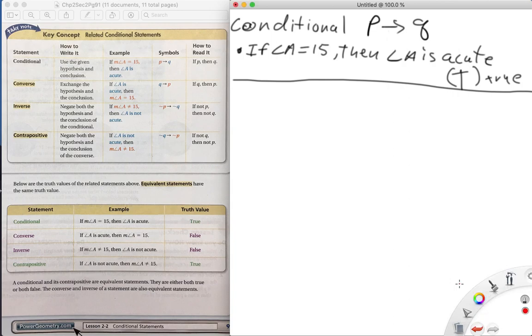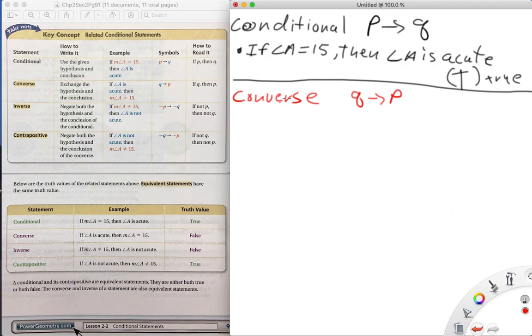What if I had another statement, and we're going to call this statement the converse. The symbol for that is if Q, then P. So I switched it. My conclusion is now in front after the if, and my hypothesis is at the end after then.